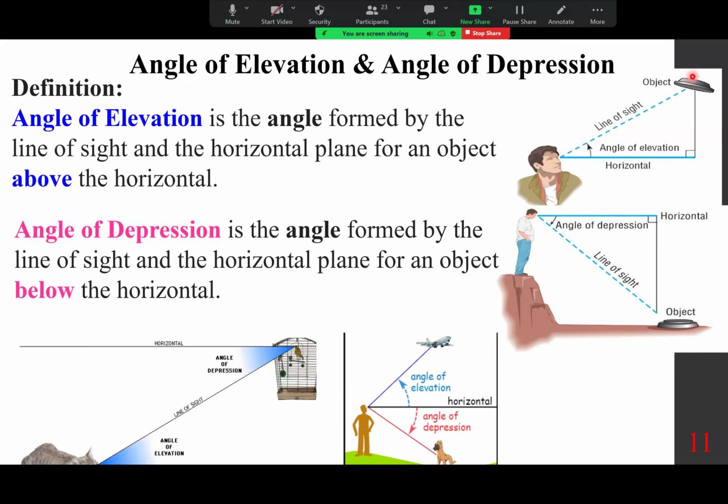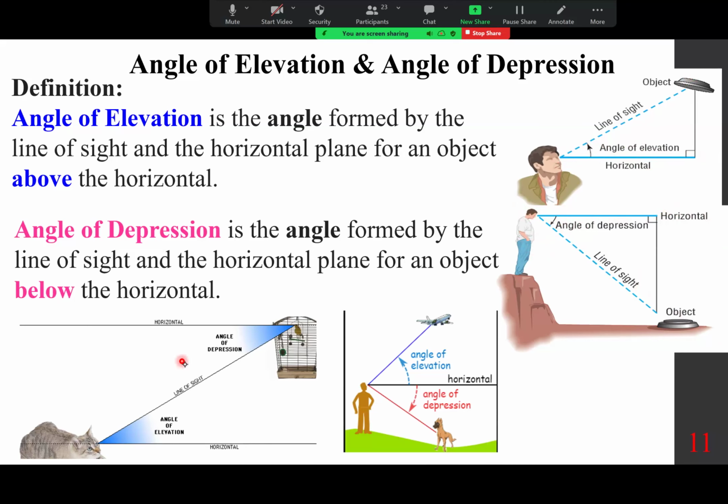In other words, as an example, take a look at this interesting one. So there's a cat, there's a bird. The cat is looking up. So this is the angle of elevation. The line of sight, horizontal. From the bird's point of view, here's the horizontal, here's the line of sight, angle of depression.